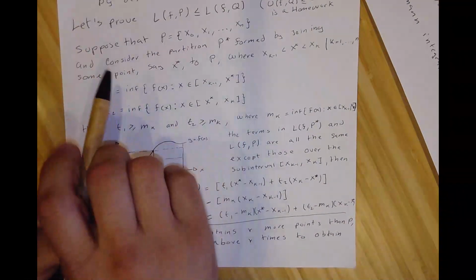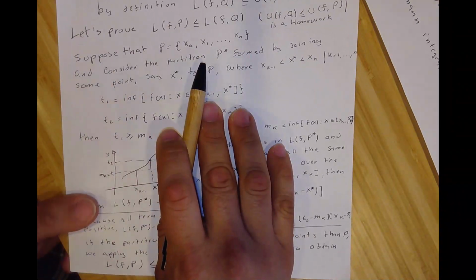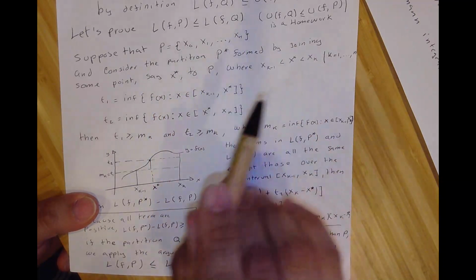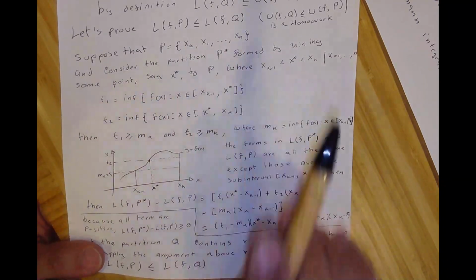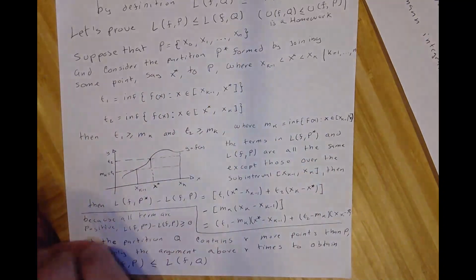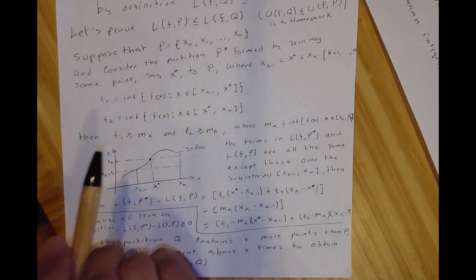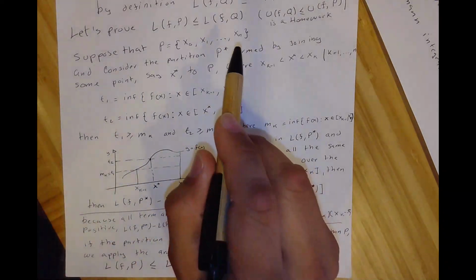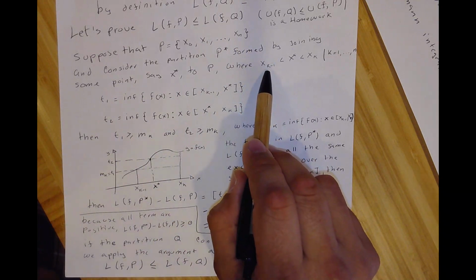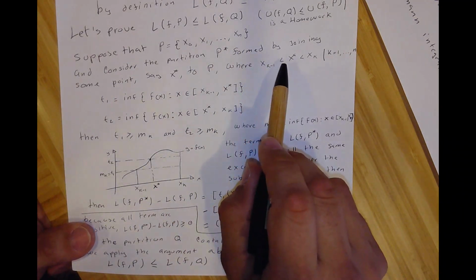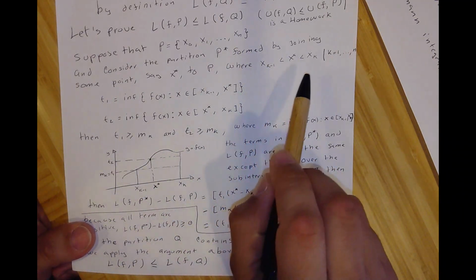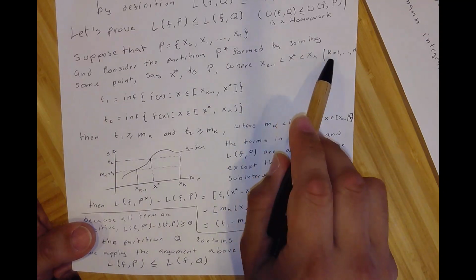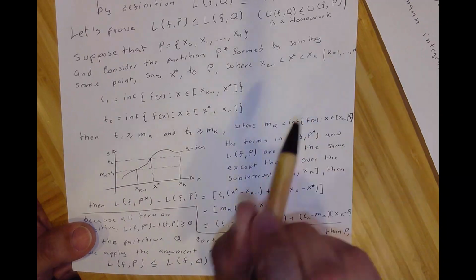So let's start here. Suppose that we have a partition P defined as x0 to xn, and consider the partition P star formed by joining some point, say x star, to P, where x_{k-1} is less than x star less than x_k, for k a number from 1 to n.